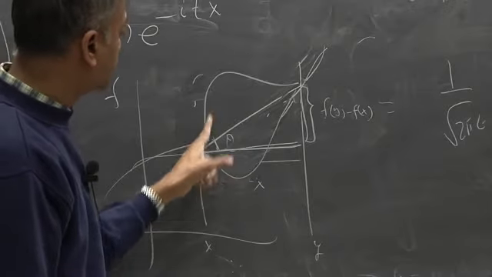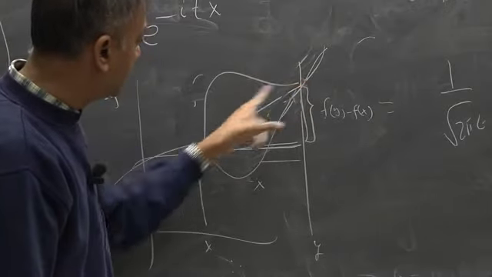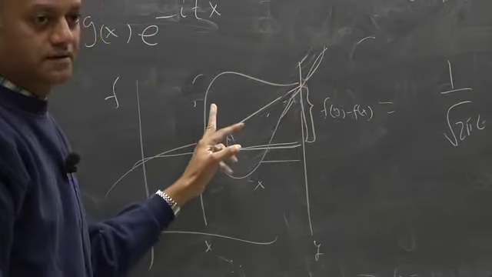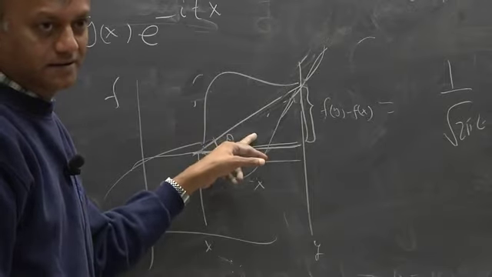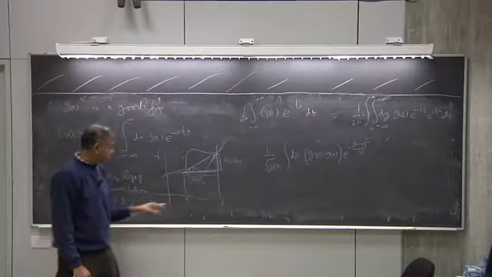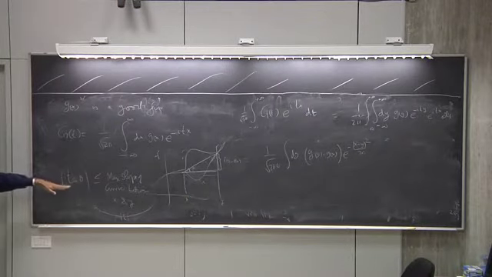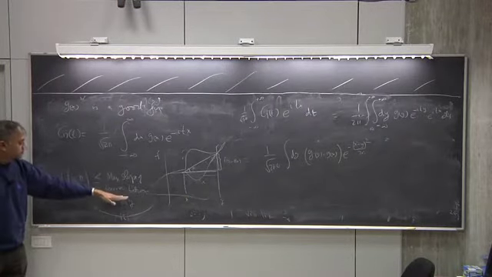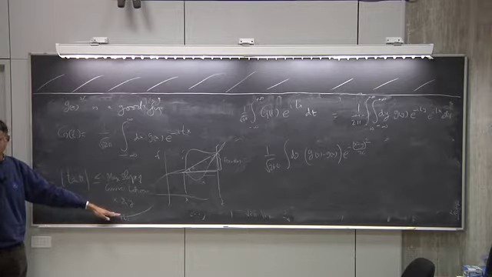Similarly, if a function goes up and comes back to the same point, at some place it must have more slope than this straight line. So this is a general statement: the tan of theta is less than or equal to the maximum slope of the curve between x and y.